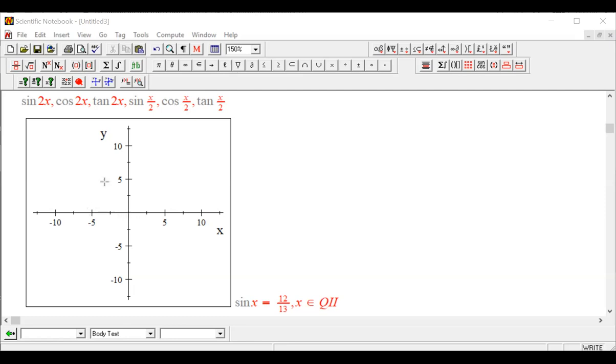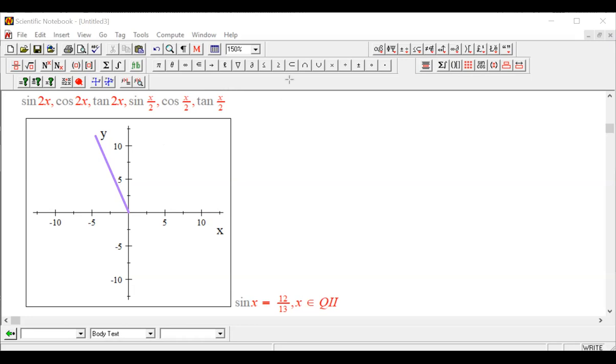The height is 12. So we have 12, we have 13, something like that. That's probably the terminal.